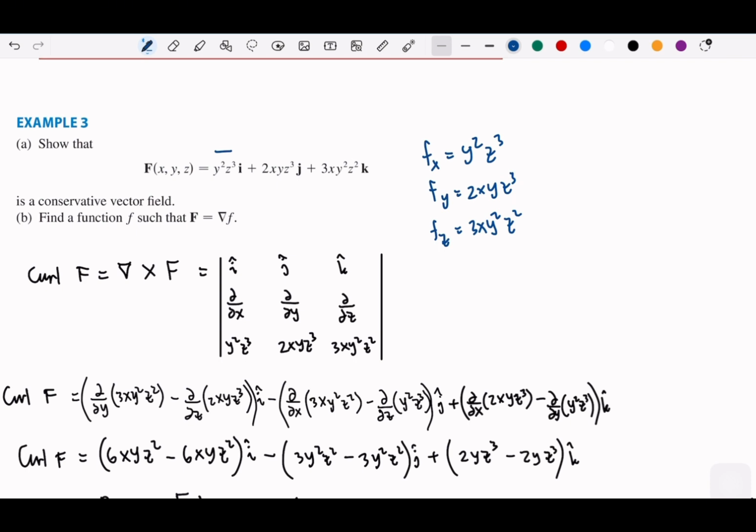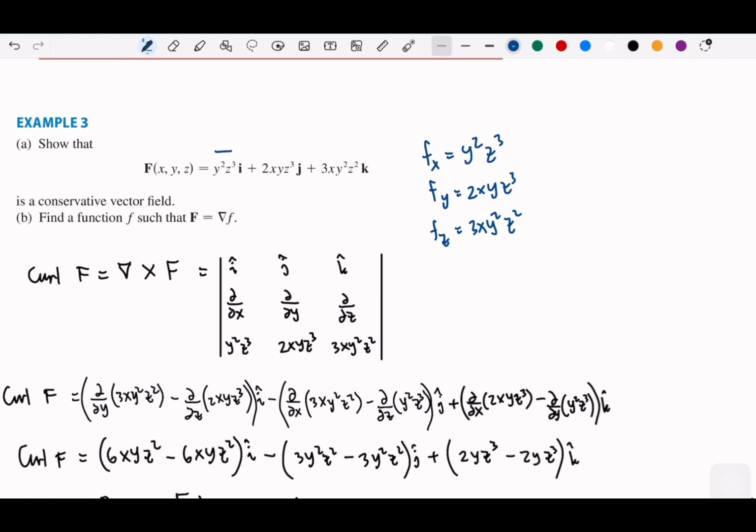You can basically pick one of them and then take the partial integrations. But remember, since this is three variables, the constant you're expecting is a function of two variables. If the vector field is two variables, when you integrate you will get a function of one variable, right? But if this is three, then when you integrate, you will have a function of two variables in the constant.